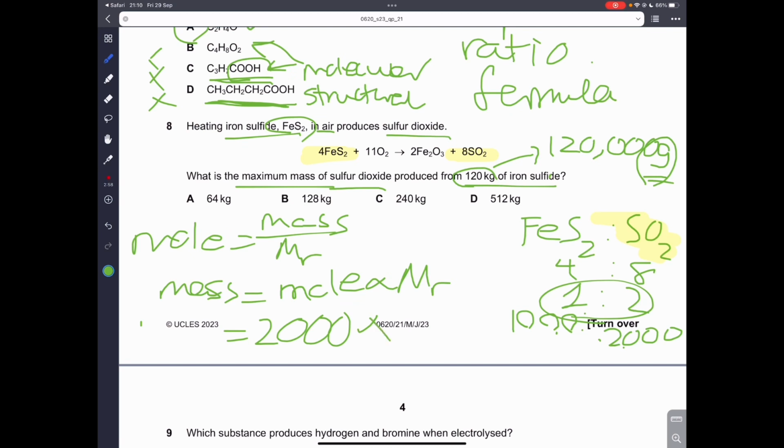The molar mass is basically sulfur plus oxygen. Sulfur is 32, oxygen is 16, 16 times 2 is 32. So this is going to be 2,000 times 64. This is going to give us an answer of 128,000. Now notice the unit is in grams. Now we have to turn it back into kilograms. This is going to give us 128 kg. And therefore the answer is going to be B.